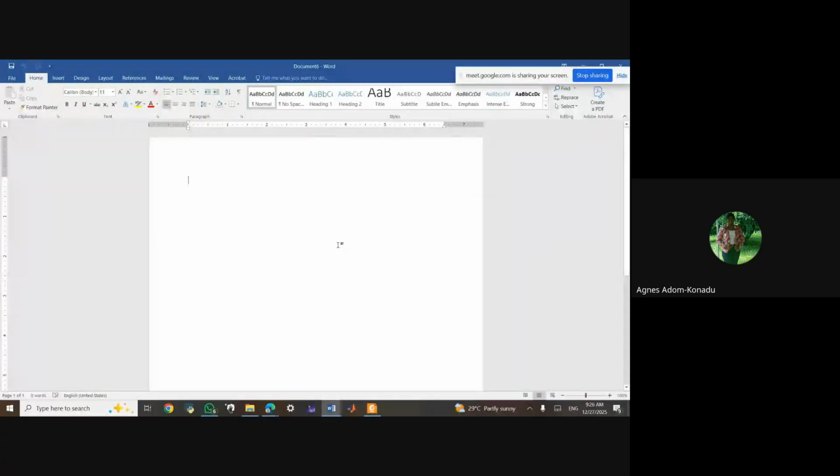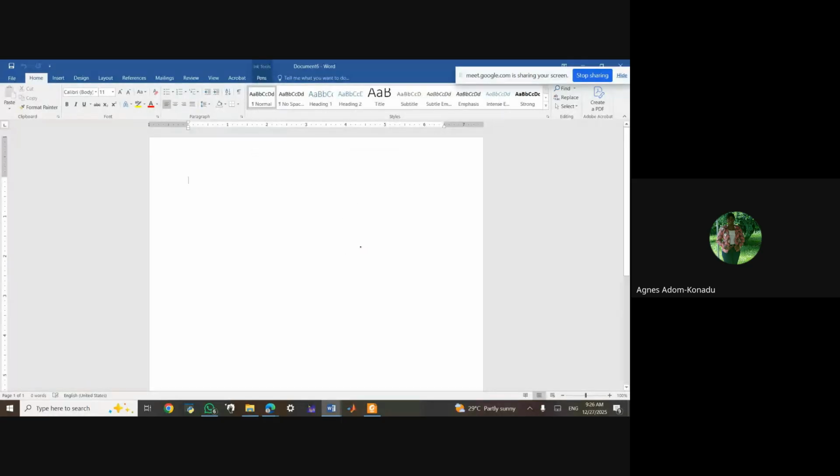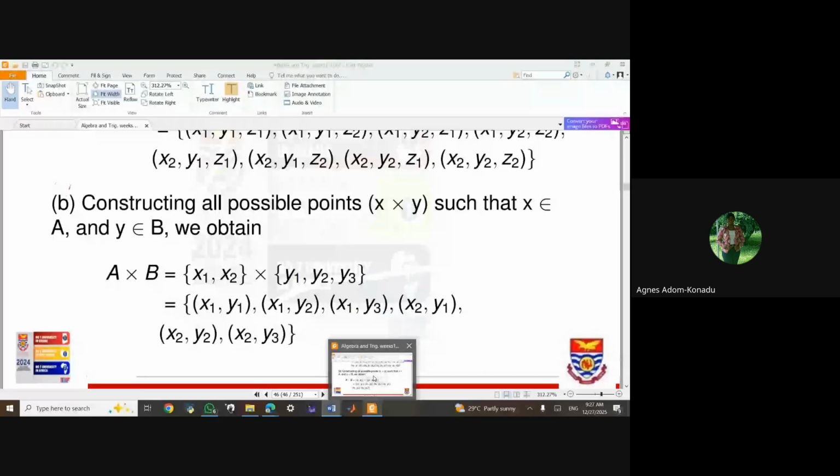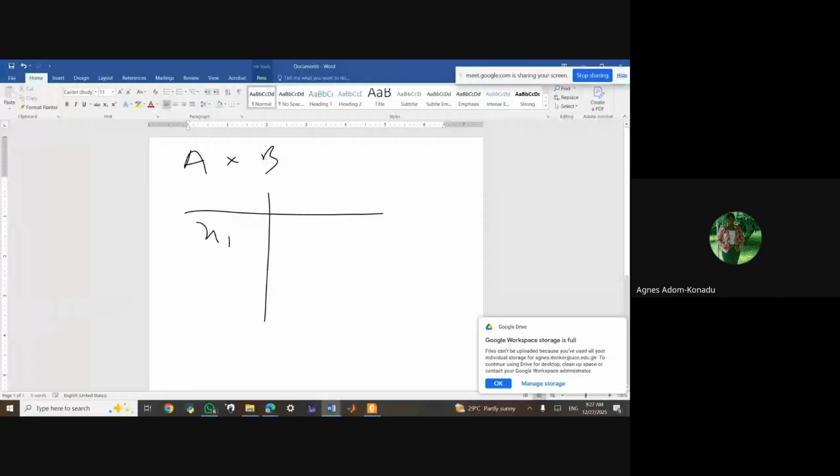But what we need is the outcome, not the table. So you can do the table somewhere, and then we want to find A cross B. Then we'll have our table: x1, y1, and this is y1, y2, y3.